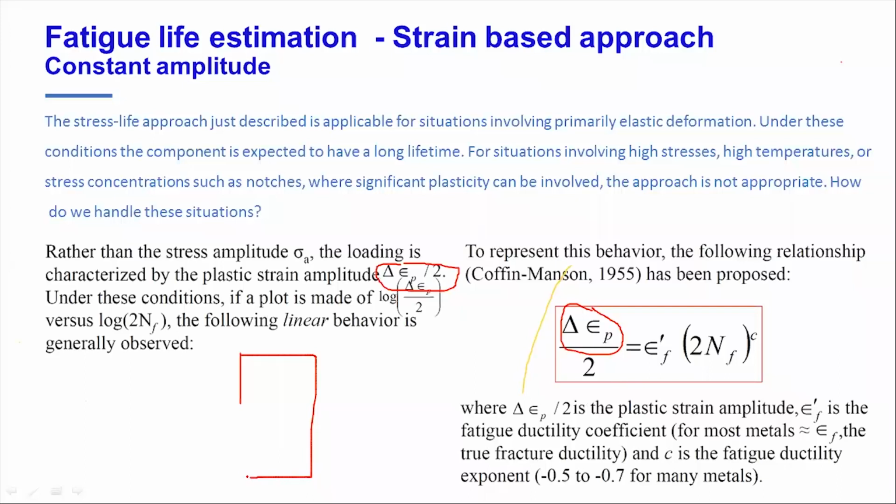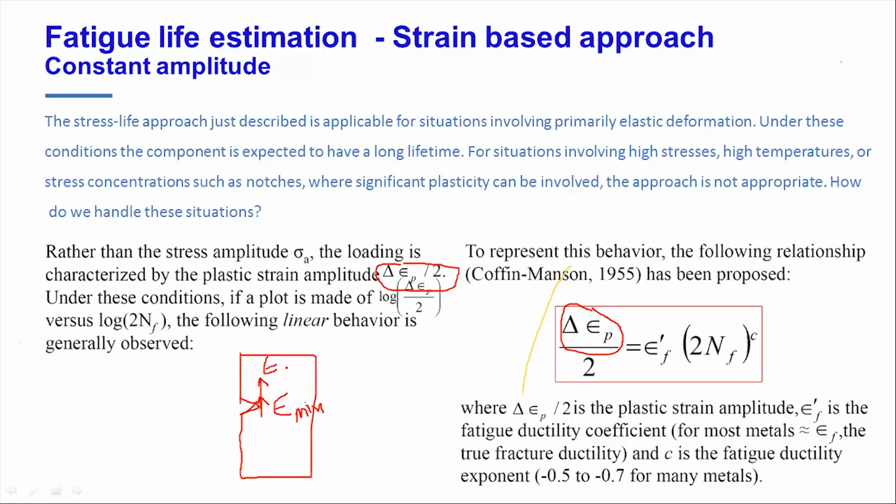Delta epsilon p is nothing but, let's say I plot this, a notched specimen. The strain here at max loading and the strain here at min loading. So you have epsilon min and epsilon max.